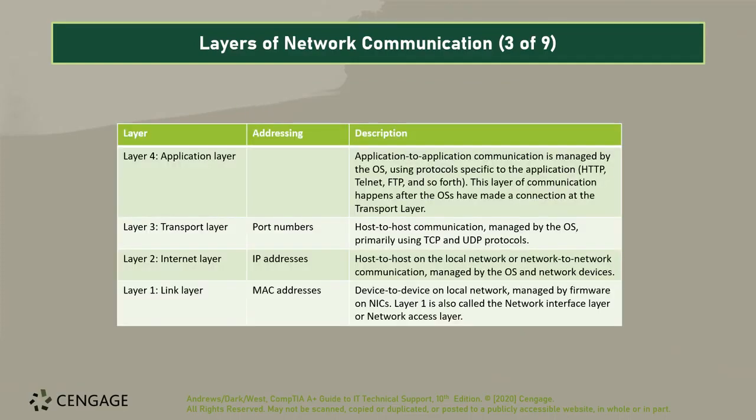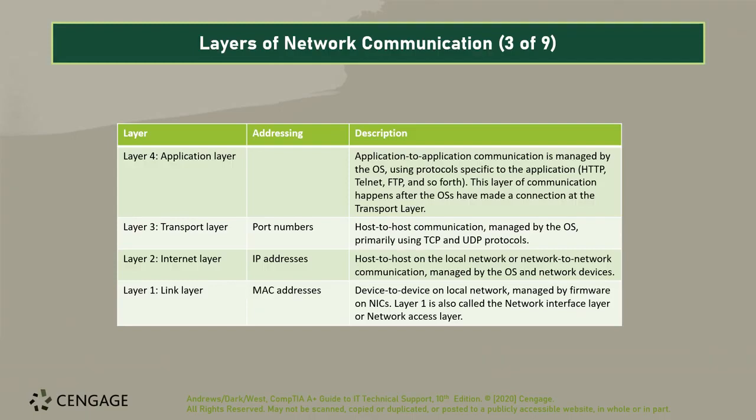So here we can see what each of our different layers do. Application layer deals with app-to-app communication, so things like HTTP, FTP, Telnet. This requires that a connection has already been made at the previous layer. Layer 3, instead of dealing with app-to-app, is now talking about host-to-host, and this is managed by the OS primarily with TCP and UDP.